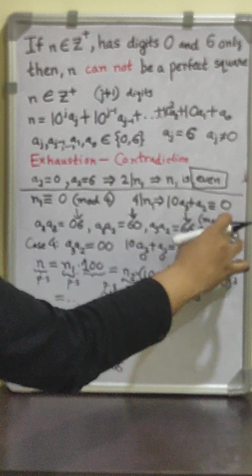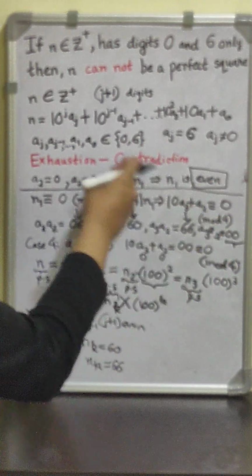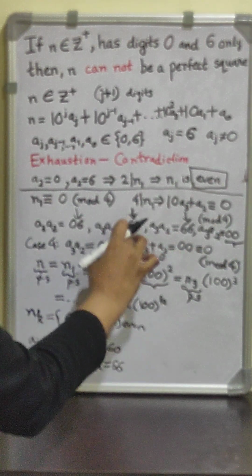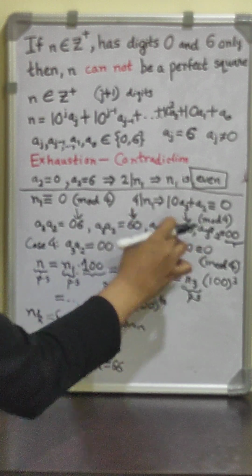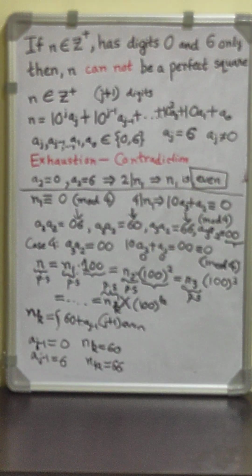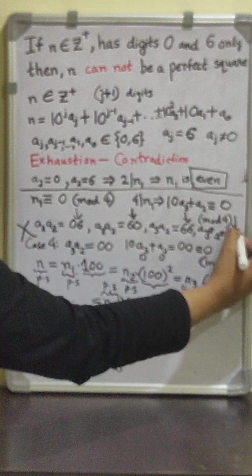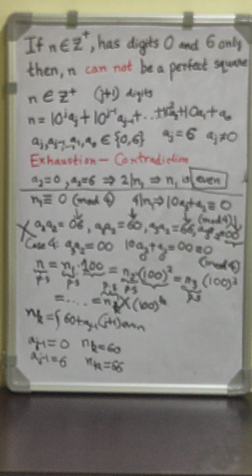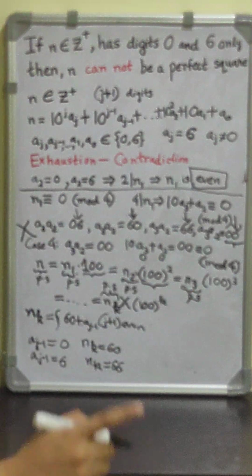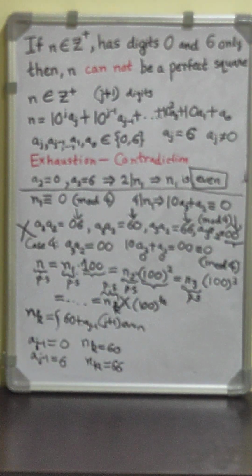So even though we couldn't contradict this case directly, we could recursively write it out, exhaust all the cases, and finally come down to these two cases that were already contradicted. So hence case 4 is also contradicted, and our problem is done. It's a very nice problem. It's a great application.